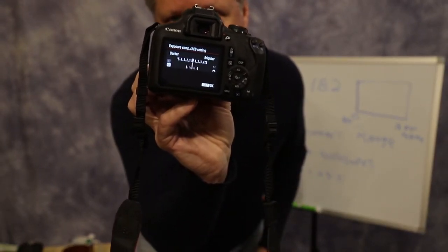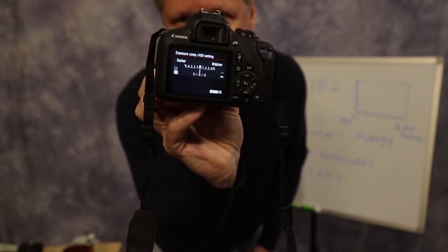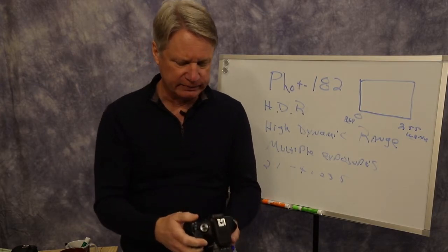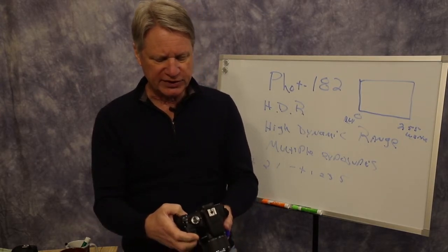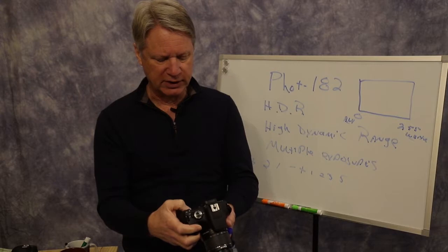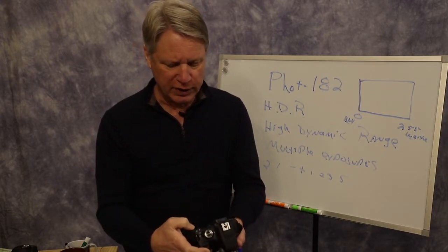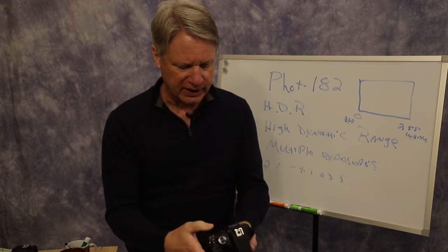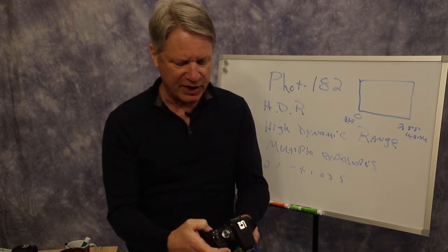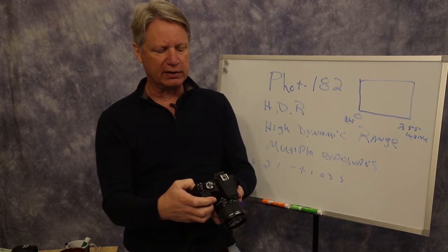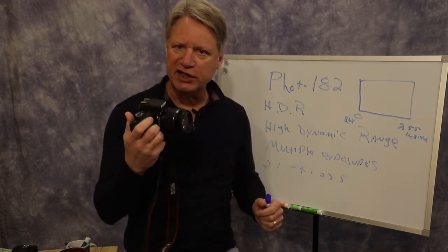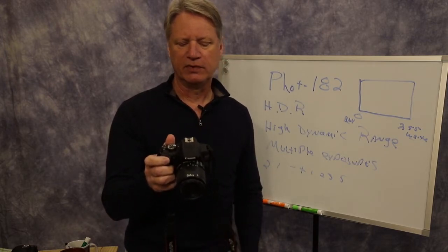So I can tell it that I want to have that broad range of exposure, and it will do it automatically. So I'm going to set that, okay? Then I have to go into my drive or my shooting menu and have it on continuous shooting. So that if I hold the button down one time, it continues to take pictures, okay?